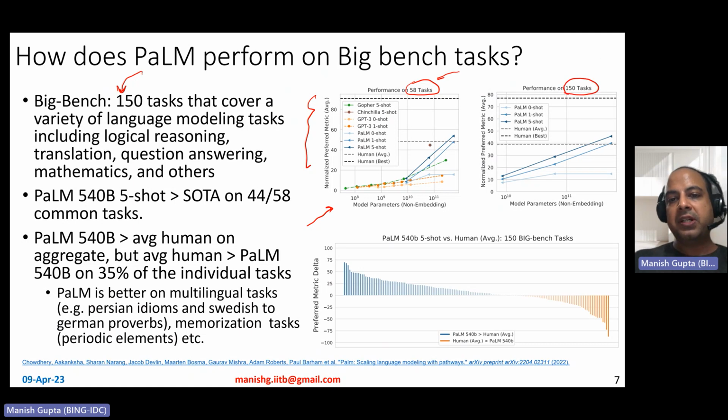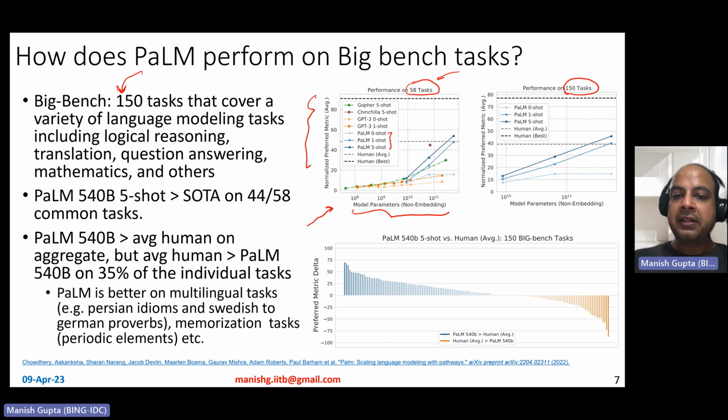What we observe is that here we are increasing the number of parameters. Remember, the PaLM model has 3 different sizes, so that's the scaling curve. As you increase the number of parameters, what happens? Also, you have PaLM models with different shots, so different numbers of examples given to the PaLM model to understand the task.